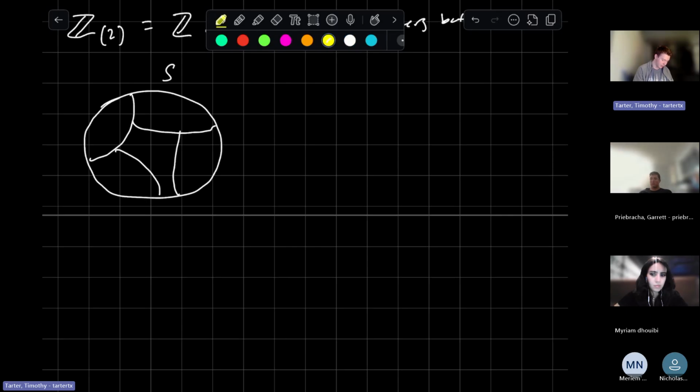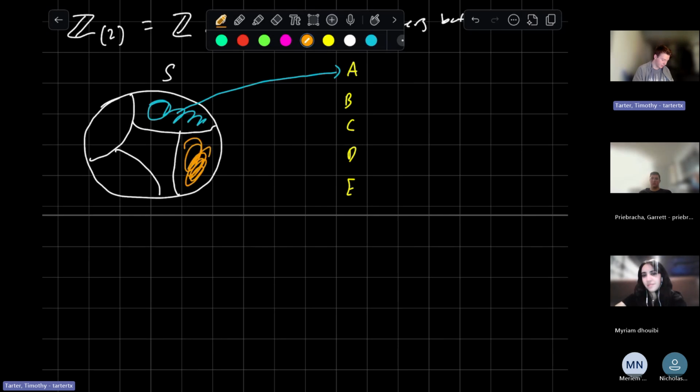And maybe we have A, B, C, D, E. This could be a very non-finite group or ring or field or topology or anything, but we can identify this open subset in blue with A, and then this open subset with B, and then this open subset with C.